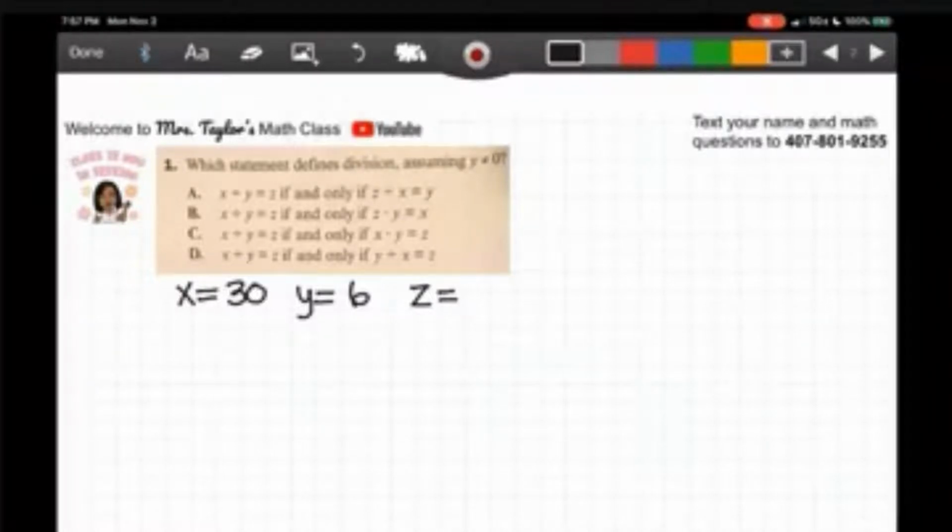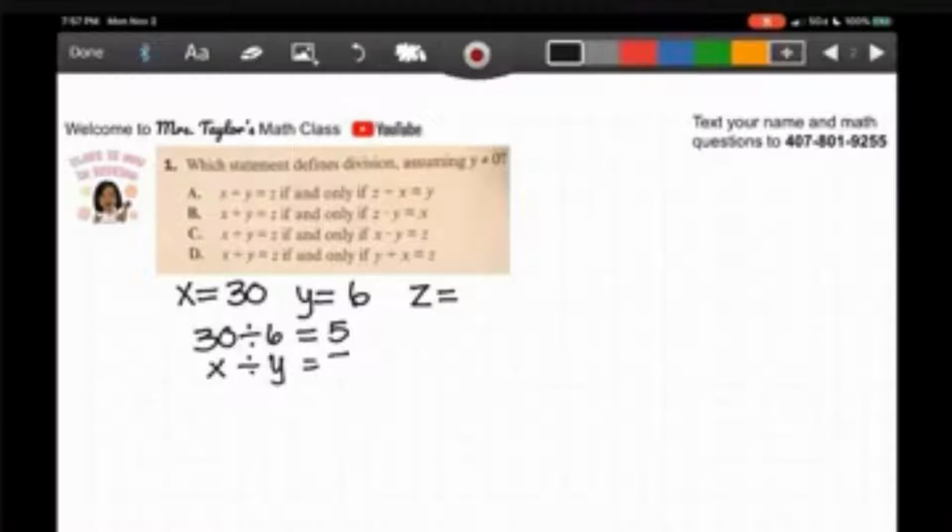Each one of the questions tells you x divided by y is equal to z if and only if, and it has another equation behind it. So what is x divided by y? In my numbers, 30 divided by 6 is 5. So x divided by y is equal to z, and z in my case is going to be 5.